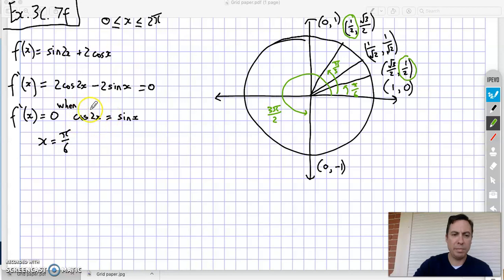Plug it into this part, cos of 2x. 2 times 3 pi on 2 is just 3 pi. So starting at 0, go around, there's pi, there's 2 pi, there's 3 pi. I'm over here now for my cos value. Minus 1, and there's another solution. The cos of 2x was minus 1, and the sine of single x was minus 1. So that's another solution. That one didn't stand out to me initially.